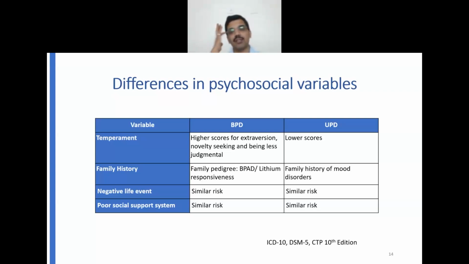A bipolar loading is a concept where, among the first degree relatives, you can get 3 or more of the first degree relatives of the proband suffering from bipolarity, or else in a 3 generation pedigree you will get a family history of bipolarity. So this family loading of bipolarity is more prevalent in bipolar depression as compared to unipolar depression. And for negative life events and poor social support, both the entities are at similar risk.